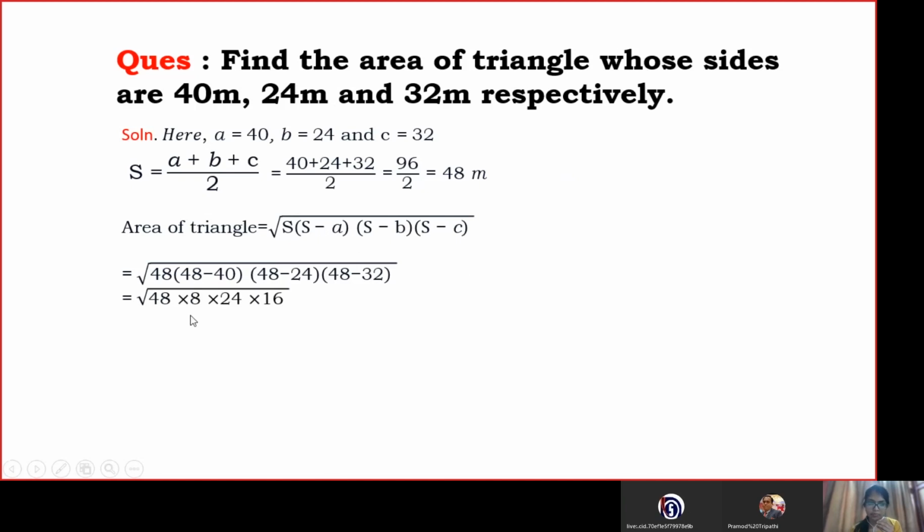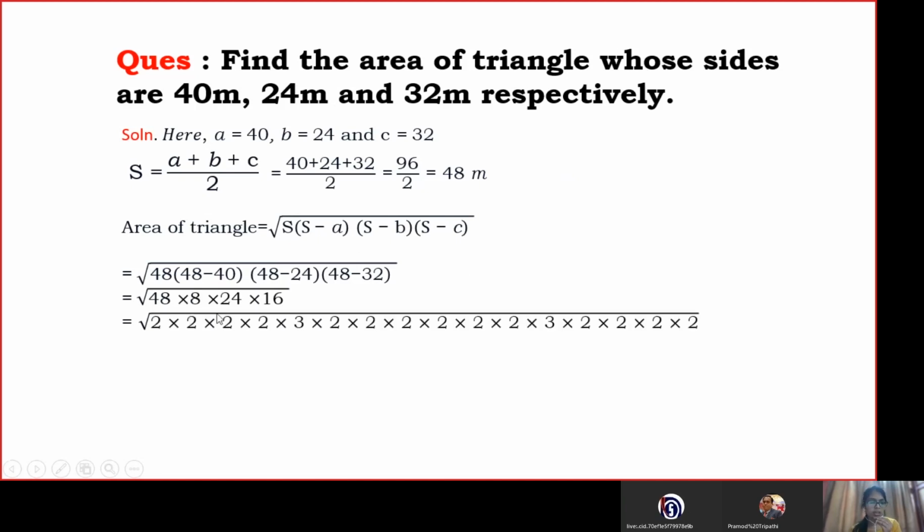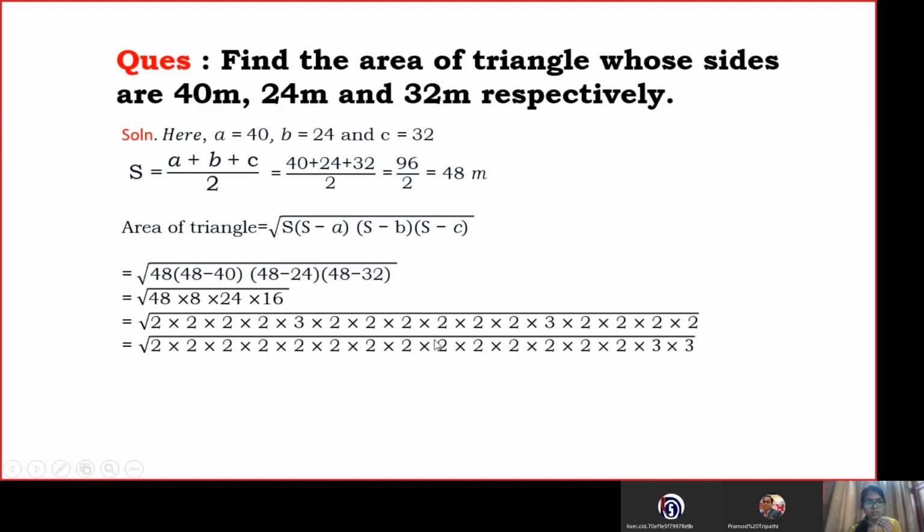Now we have some complicated numbers under the square root. How do we solve them? Just prime factorize. I hope you know how to do prime factorization. Prime factorize, then bring all the 2's together, all the 3's together. Now pair them. Make groups of 2.